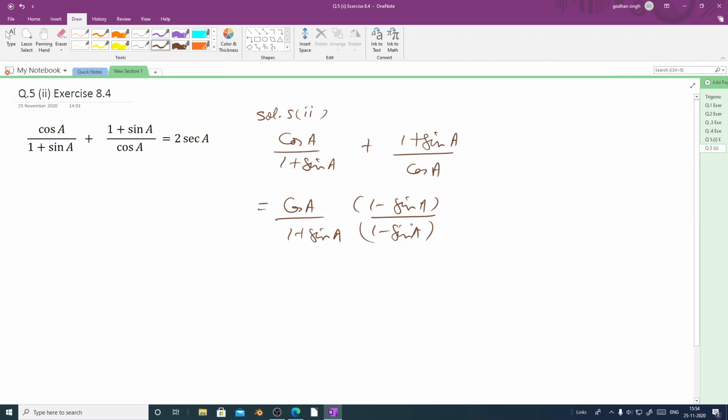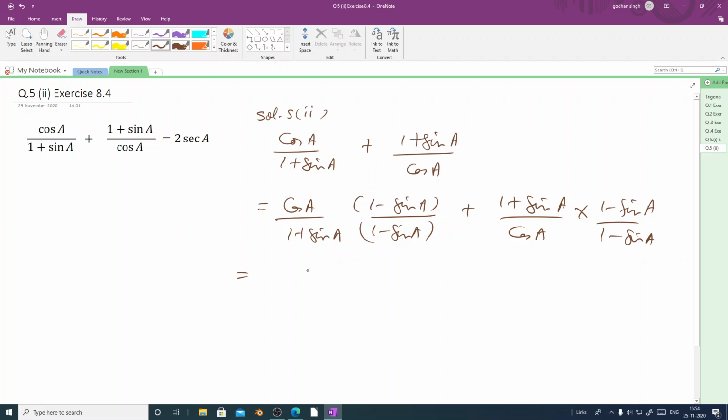In the second part also, let us multiply and divide with the same value. We'll multiply with the conjugate of 1 plus sin, that is 1 minus sin a, multiplying and dividing with 1 minus sin a.